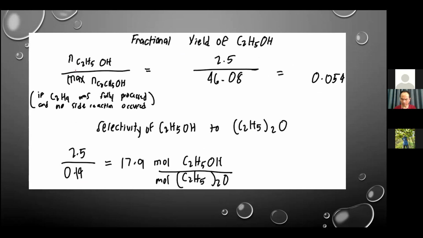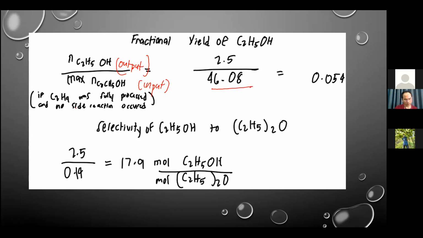It is the moles of ethanol in the output over the maximum molar fraction of ethanol. It is in the input. So the maximum molar fraction of ethanol is 46.08.